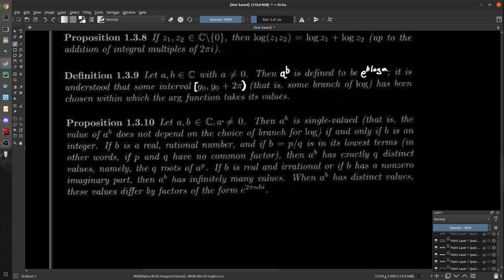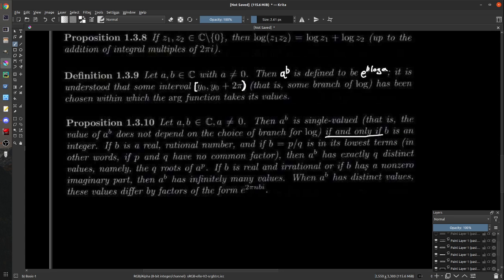We'll talk about this one just for a moment because it's not always that clear what's going on. I want to be specific, because this is a nice connection to roots of unity. So if we take a and b, some complex numbers with a not equal to 0, then a to the b is single valued, that is, it doesn't depend on the choice of the branch of log, if and only if b is an integer.